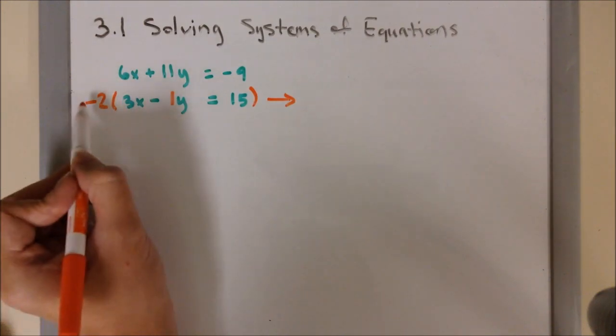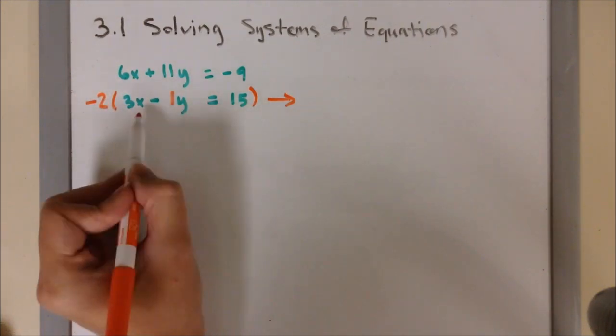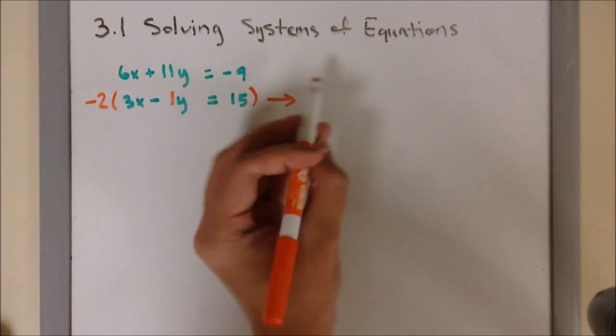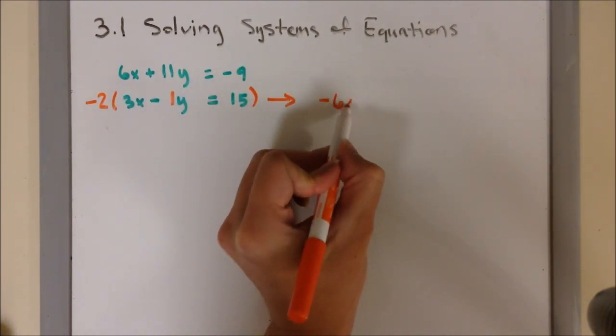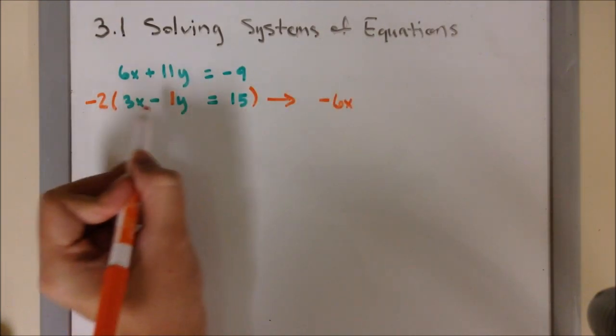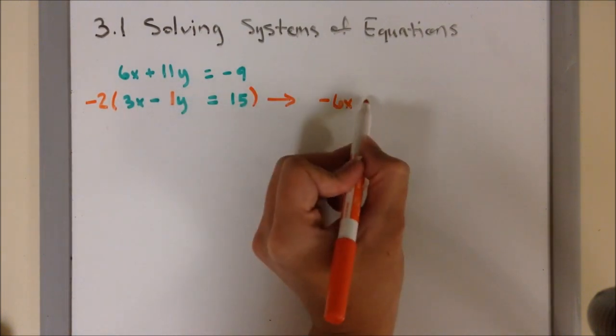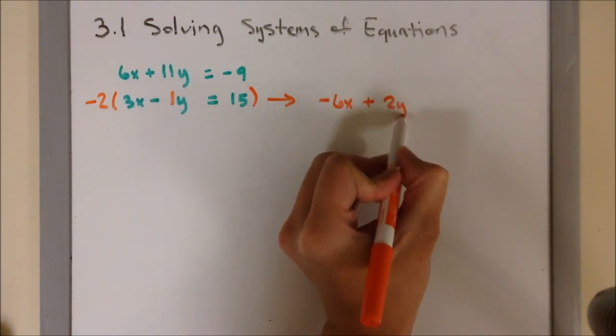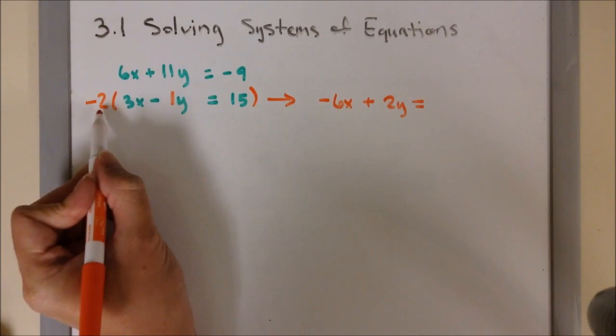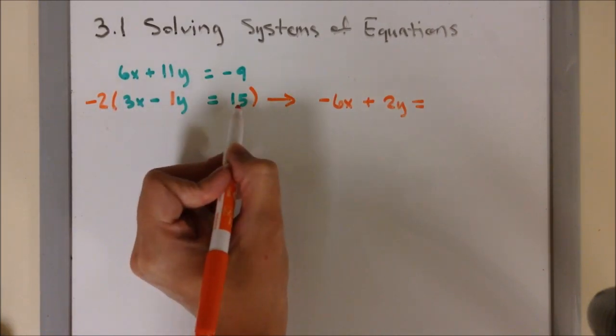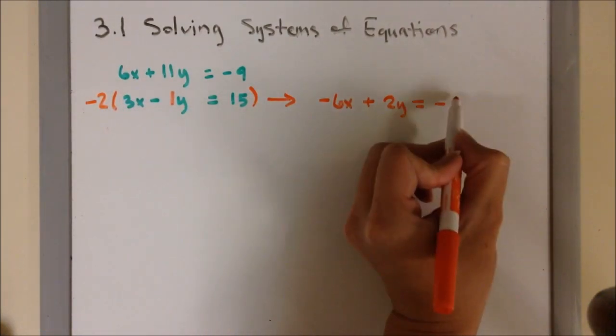So, repeat, I'll multiply by negative 2 to the whole equation. Negative 2 times 3x, negative 6x, negative 2 times negative 1y, plus 2y, equal negative 2 times 15, negative 30.